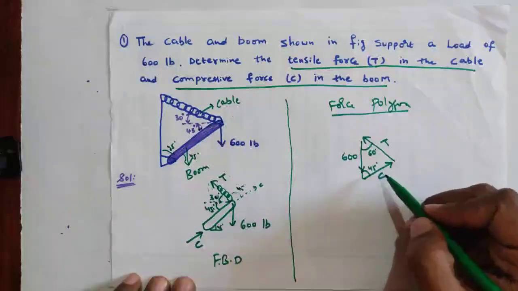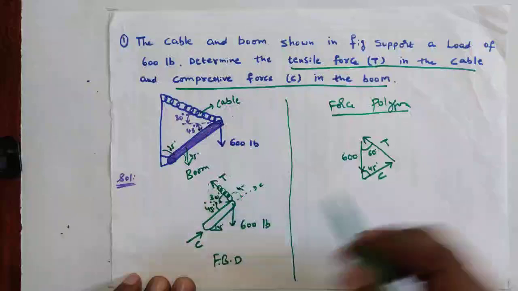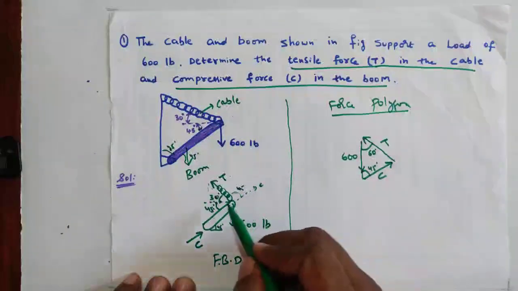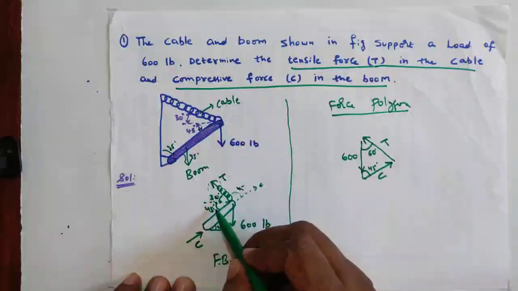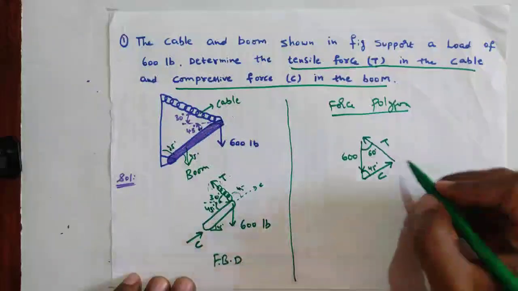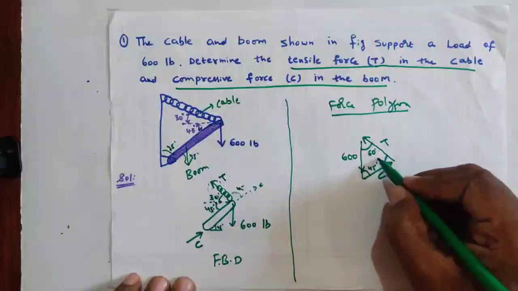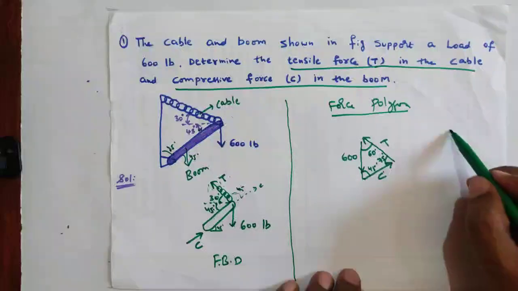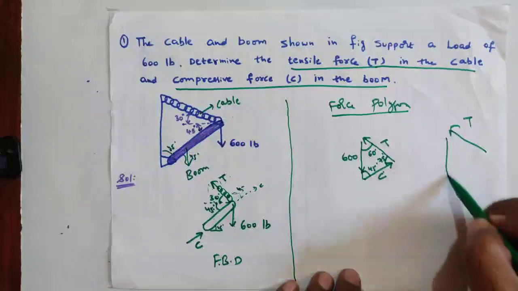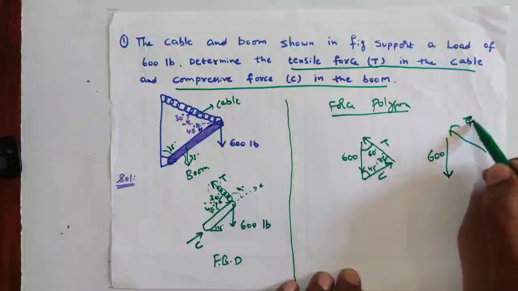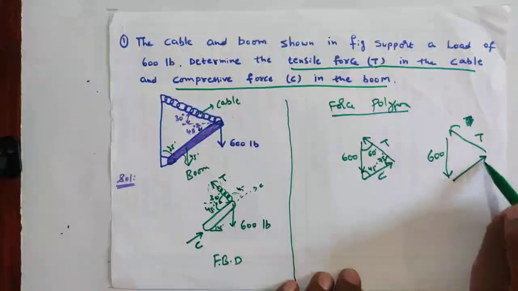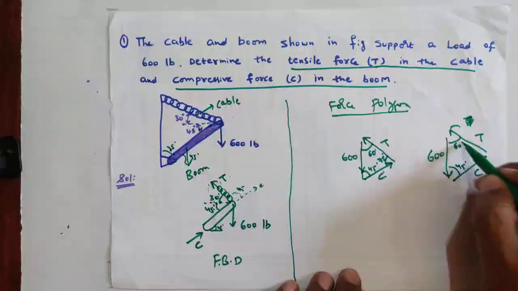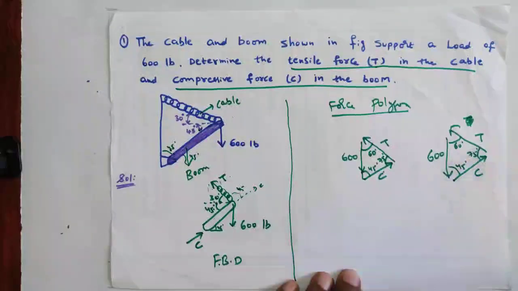So the angle between C and T will be 75 degrees. If I elaborate this one, this is T, the tensile force, this is 600, and this is the compressive force. Here a 45 degree angle is there, here a 60 degree angle, and here a 75 degree angle.